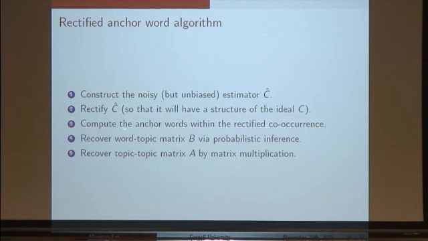First, construct a noisy but unbiased estimator of the word-word co-occurrence, and then rectify that using alternating projection so that C will satisfy all the structure of the ideal C. Then find the anchor words in the rectified co-occurrence, recover the word-topic matrix via probabilistic inference with Bayes' rule, and recover topic matrix A based on the block matrix diagonal decomposition you see in the earlier slide.